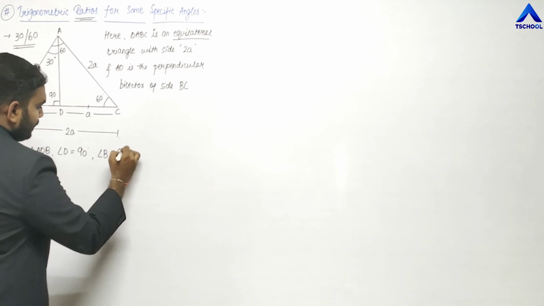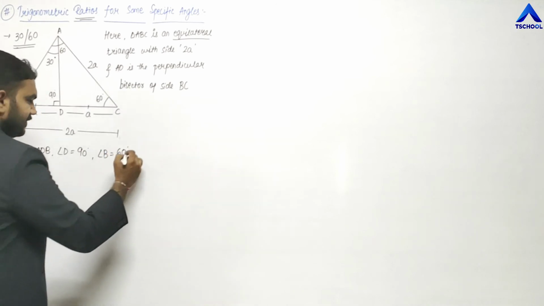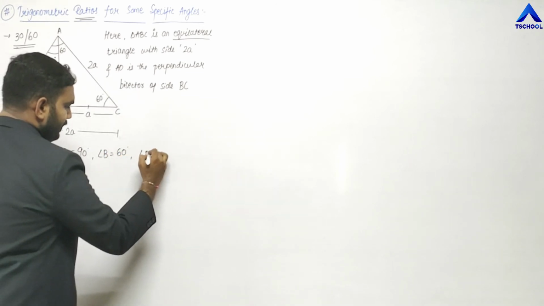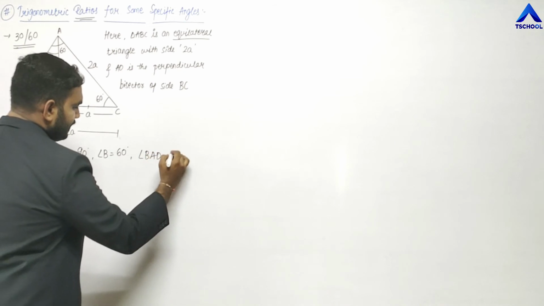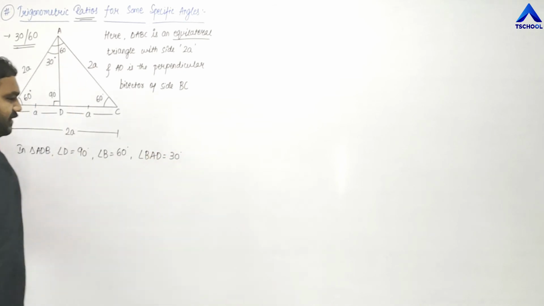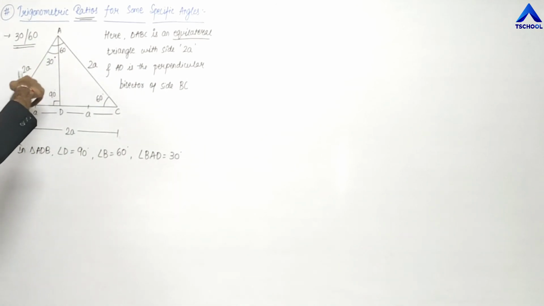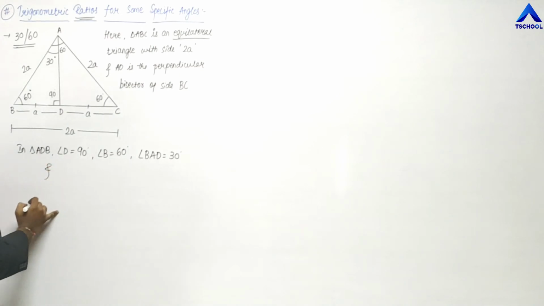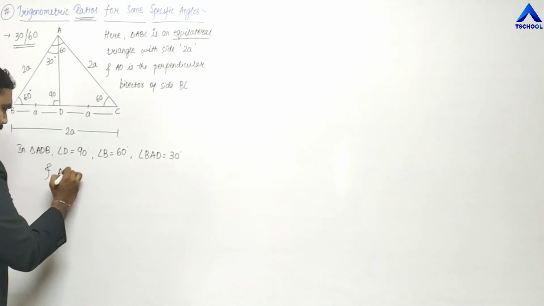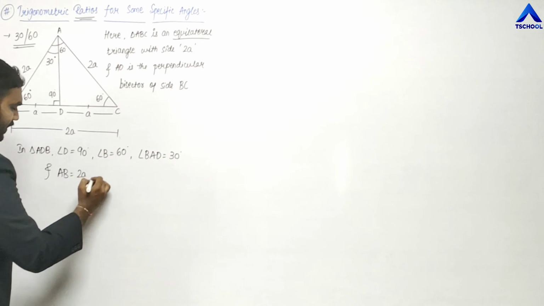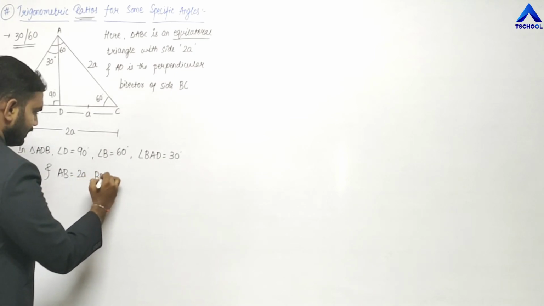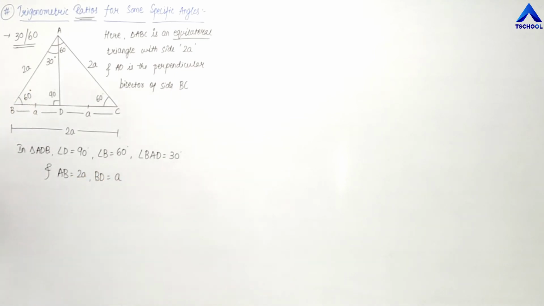Angle B is equal to 60, and angle BAD is equal to 30 degree. BAD, so this internal angle, not the whole angle. And also AB equals 2A and BD equals A.